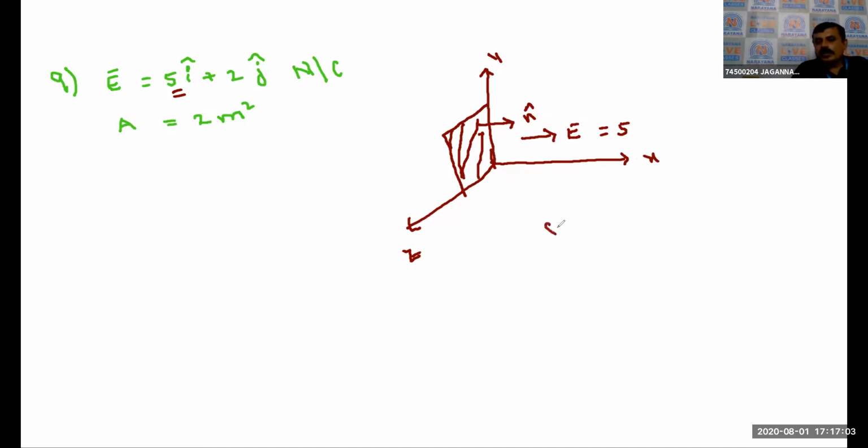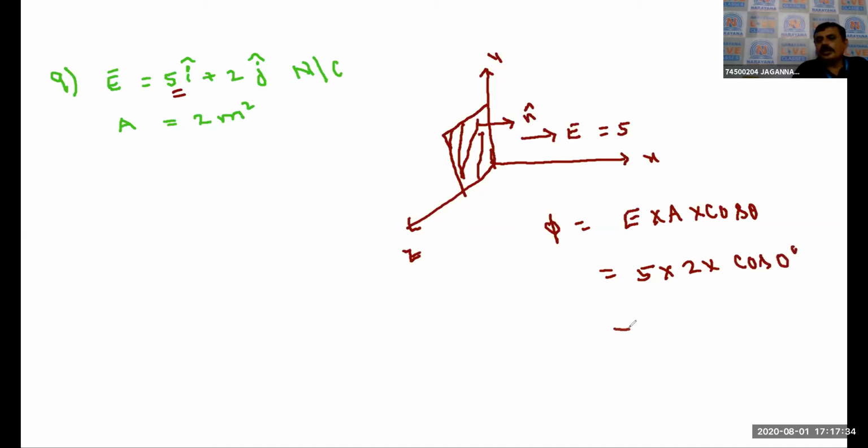So what is the flux formula? Flux equal to electric field into area into cos theta. So electric field along the x-axis, how much here? 5, into area, how much given? 2. What is the angle between the normal line and electric field? 0 degrees. So cos 0 degrees.